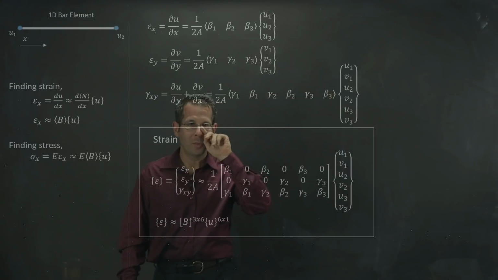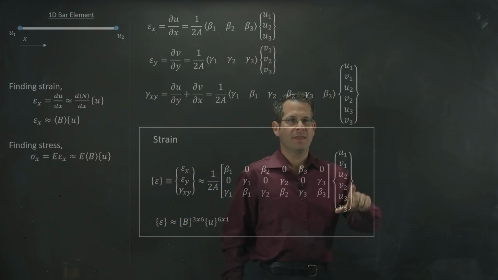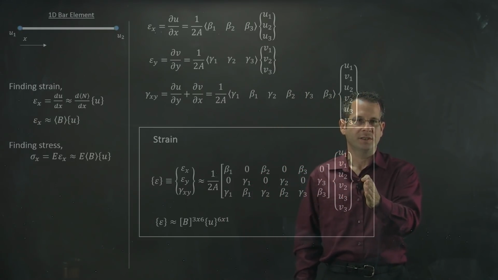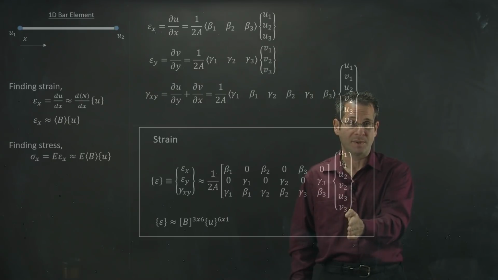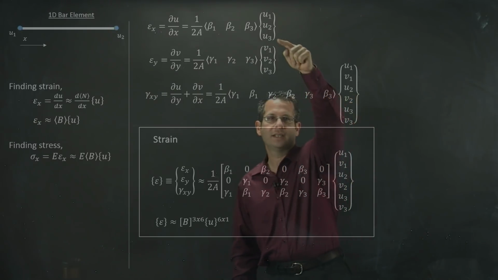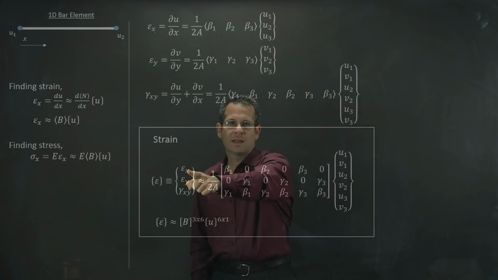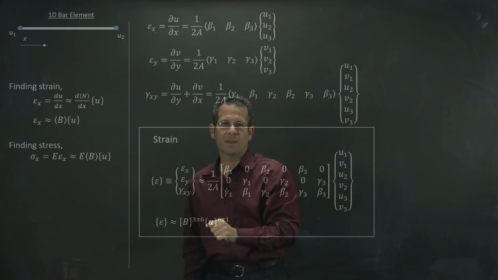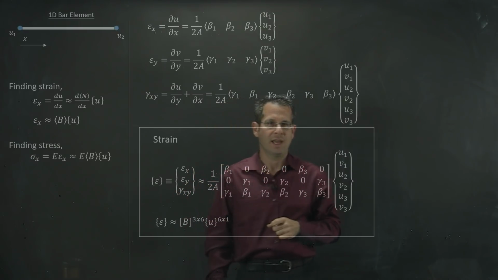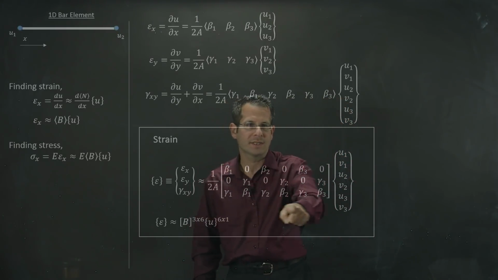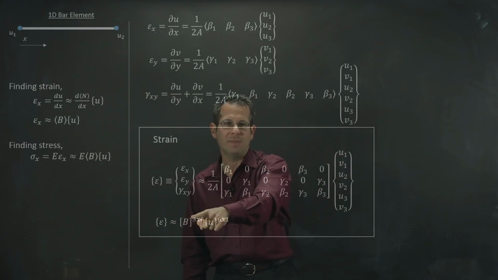Give yourself a moment to prove to yourself that this matrix times this displacement vector is equivalent to these three equations, equaling strain in the x direction, normal strain in the y direction, and shear strain in the xy direction. We call this matrix now our B matrix.